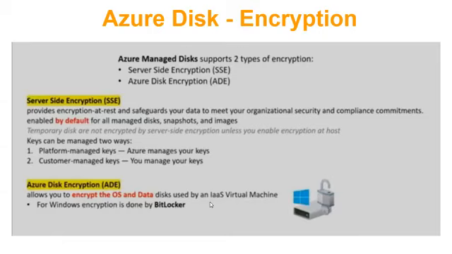Azure Disk supports two types of encryption: server-side encryption and Azure Disk encryption. What is the difference between them? We'll see now. Server-side encryption, that is SSE, provides encryption at rest and safeguards your data to meet your organizational security and compliance commitments.